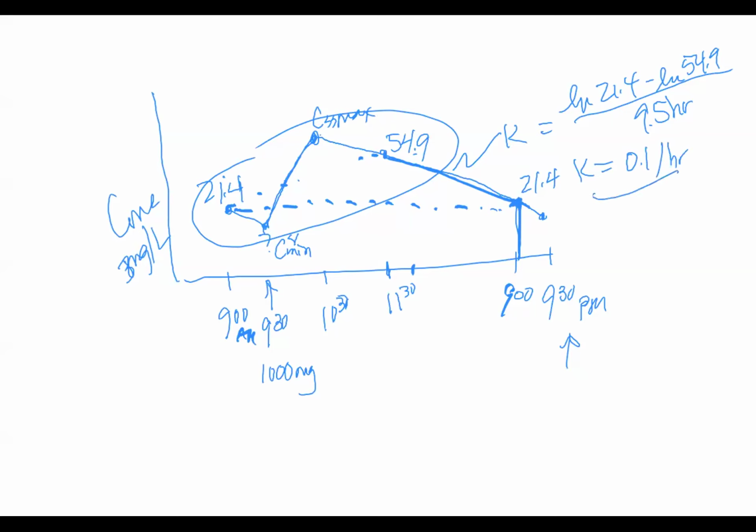So we've got the K of 0.1. So now we need to extrapolate to our Cmax. So to get our Cmax, this is going to be our unknown, right? Our Cmax times e to the negative k, 0.1, times the difference in hours here, 1 hour, right? Per hour is equal to 54.9, right? We're going to extrapolate it back for 1.